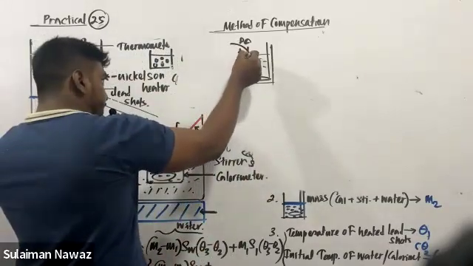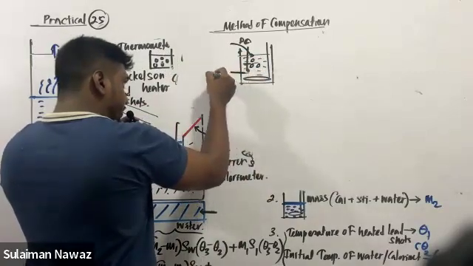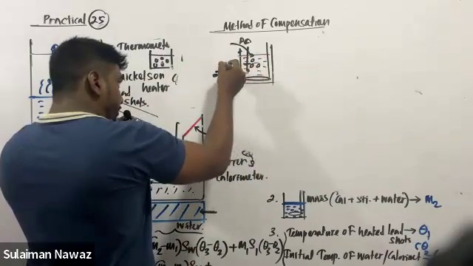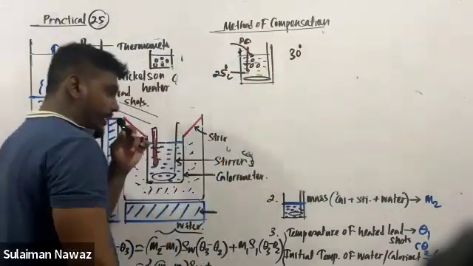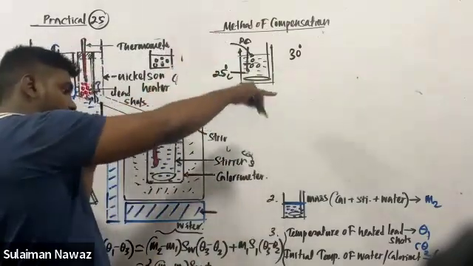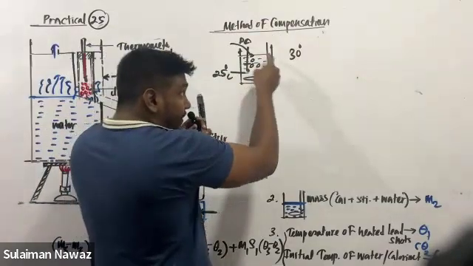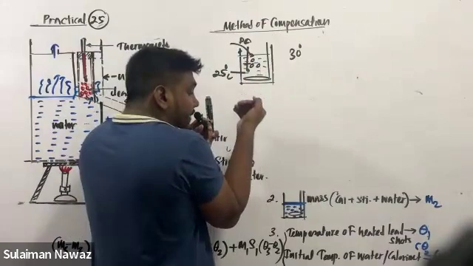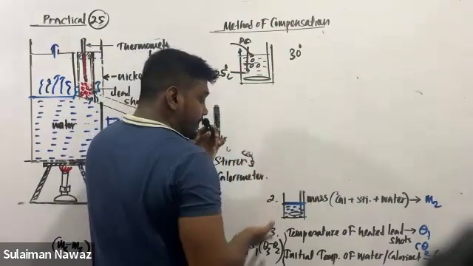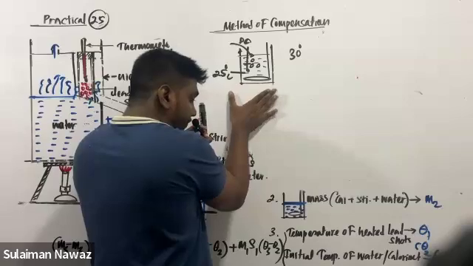Now the initial temperature of the calorimeter with the water is 25 degrees Celsius, the room temperature is 30, and you keep on adding lead shots until the temperature of the calorimeter is 5 Celsius greater than the room temperature.